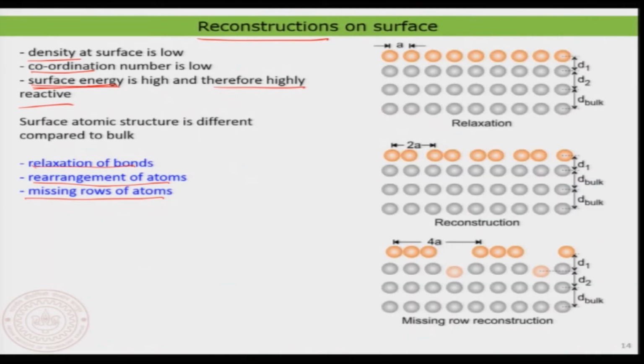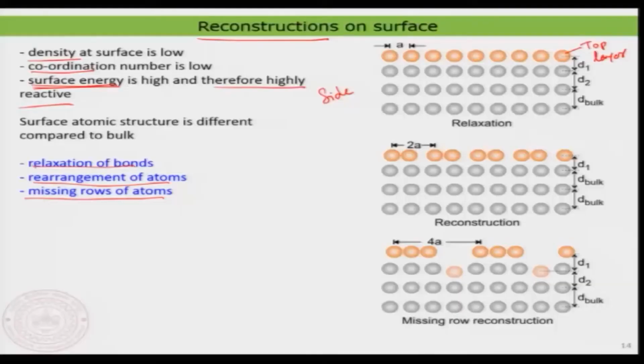So, what you are seeing is the side view of a bulk crystal, where this is the top layer, and the gray atoms are the ones which are in the bulk. Now, the first thing every surface does is that the topmost layer comes much closer to the second layer.